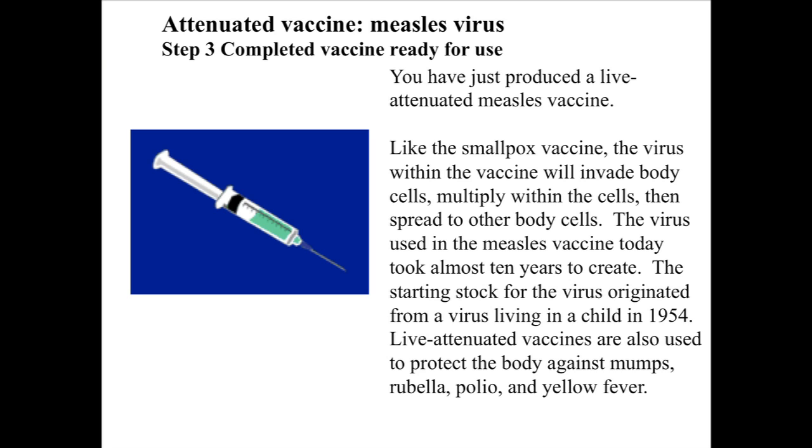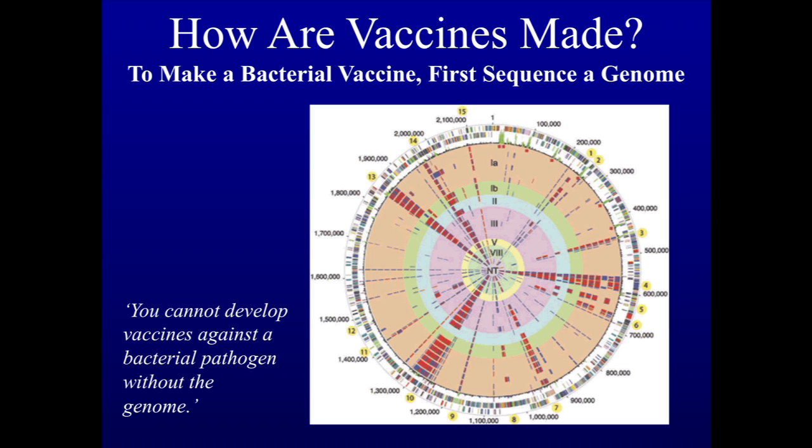And after that, you would kill that and use that as a completed vaccine. And these live attenuated viruses used as vaccines have been made against mumps, rubella, polio, and yellow fever, and now other types of diseases. And there are other ways to generate these than simply growing them in an attenuated media. Now let's get a little more fancy about this.